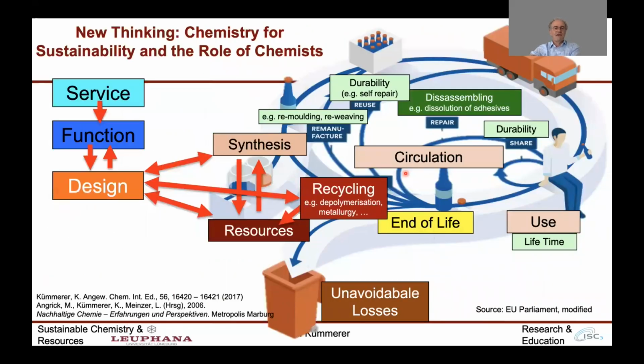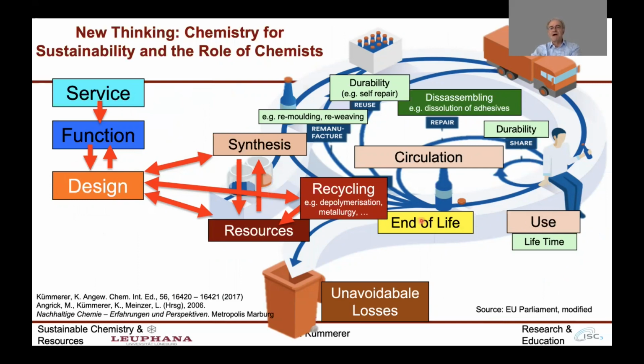So here we have the complete picture of chemicals and chemical products, the new thinking, chemistry for sustainability, and the role of chemists here. Service and function is the starting point. And then we can design systems. And within the systems, we can design synthesis, resources, but most important, first of all, the products.